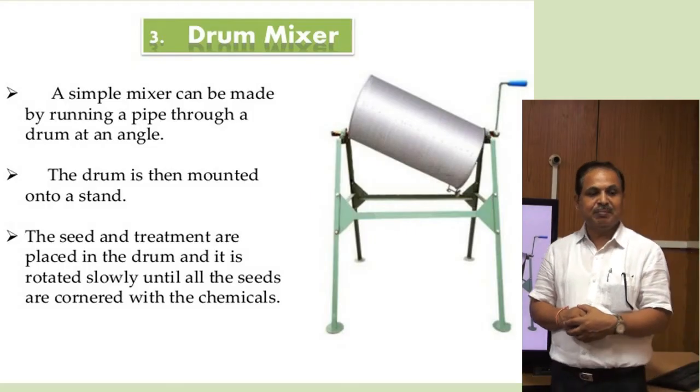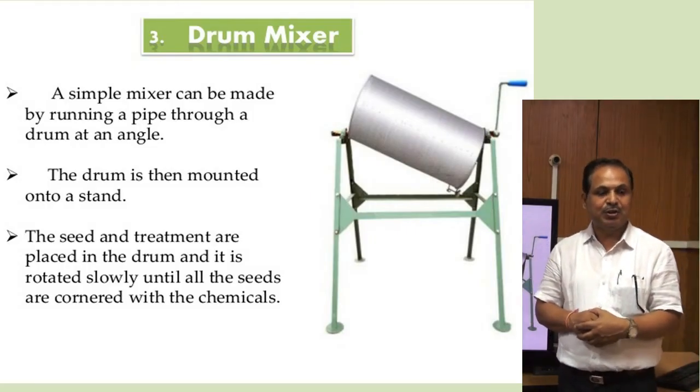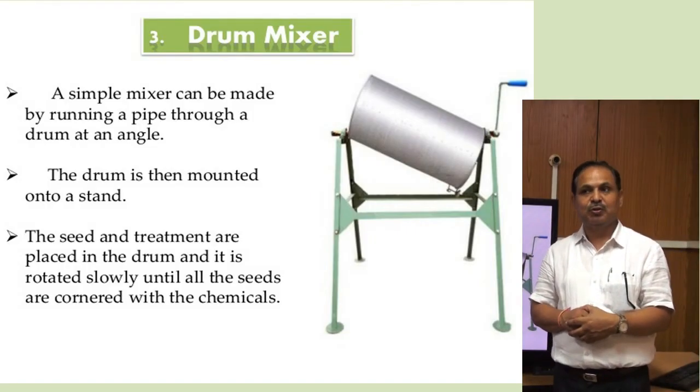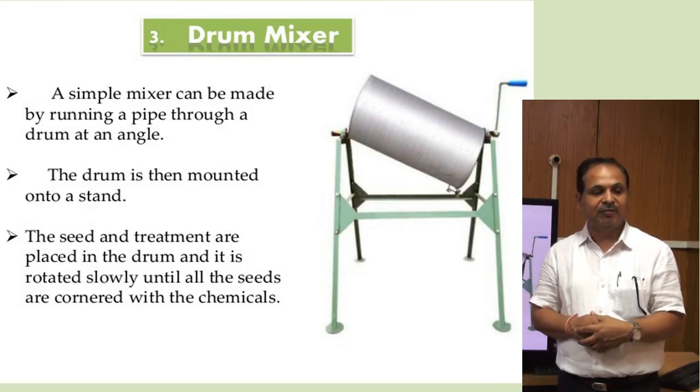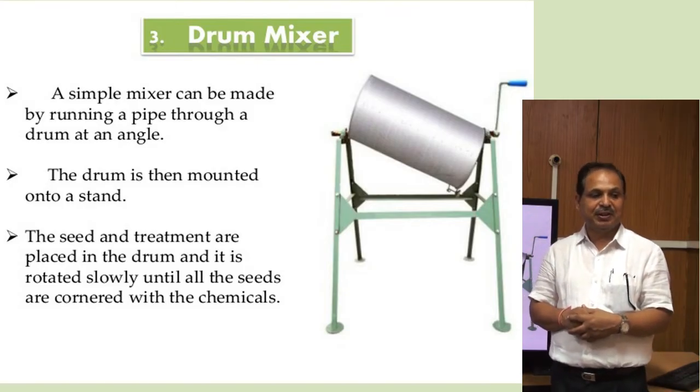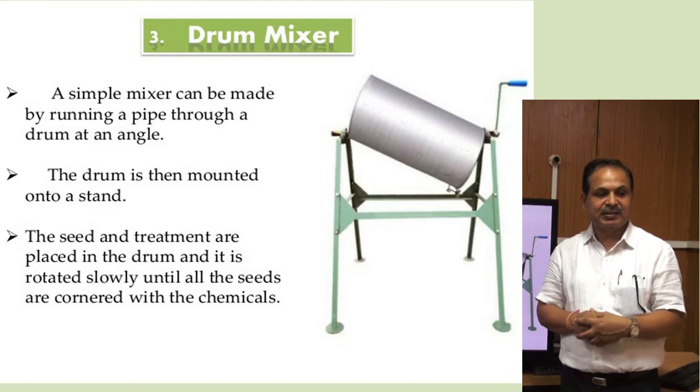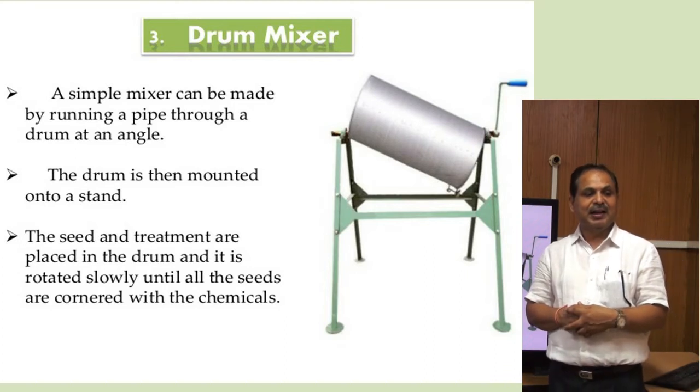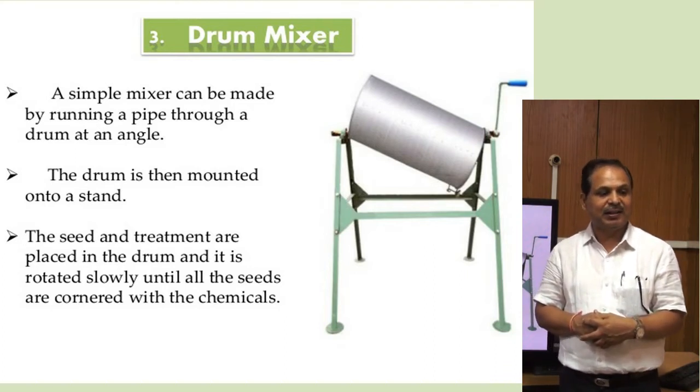Next one is the drum mixer. It is very commonly used by individual farmers, small or big farmers. In this, a mixer can be made by running a pipe through a drum at an angle.